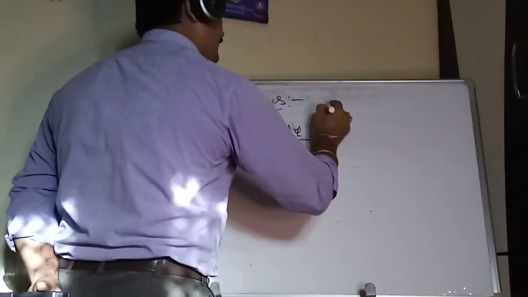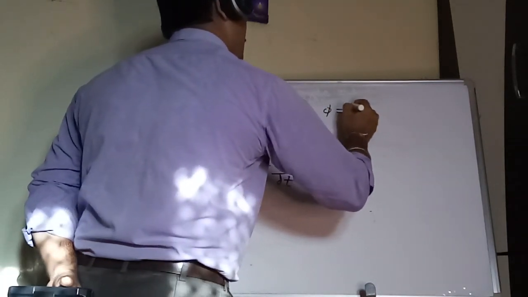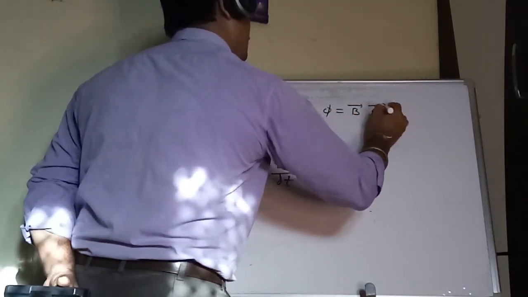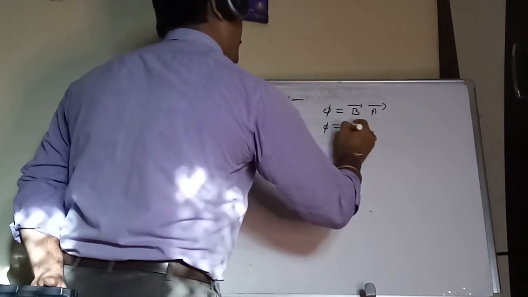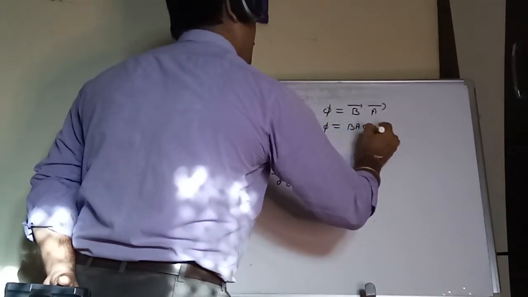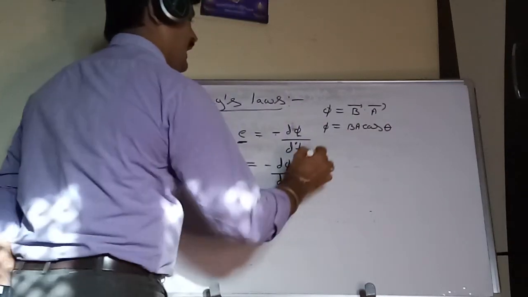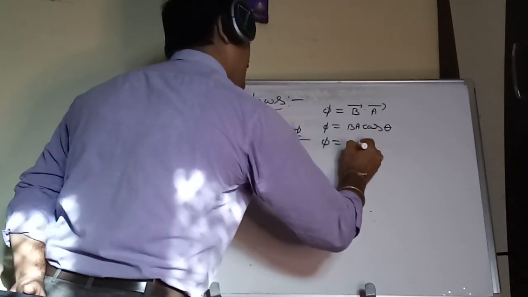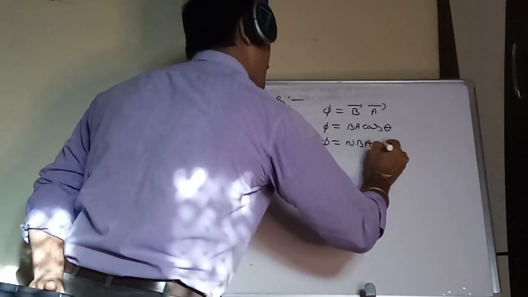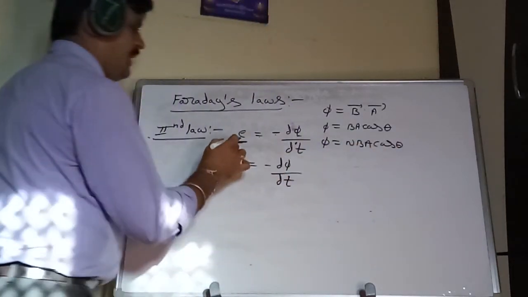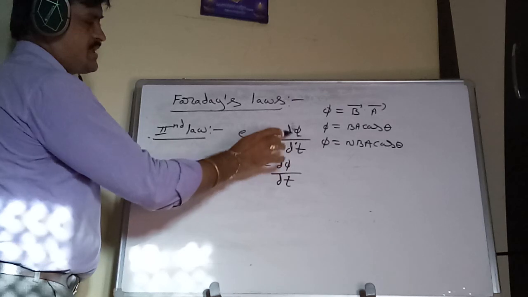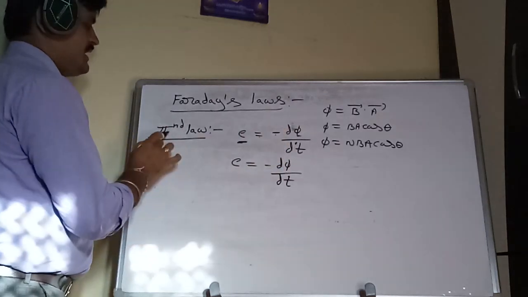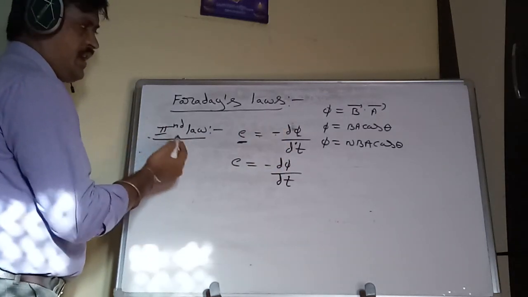So phi equal to B vector dot A vector, so phi equal to BA cos theta. N is the number of windings, so phi is equal to NBA cos theta. So EMF equal to negative rate of change of magnetic flux, that is Faraday's second law.